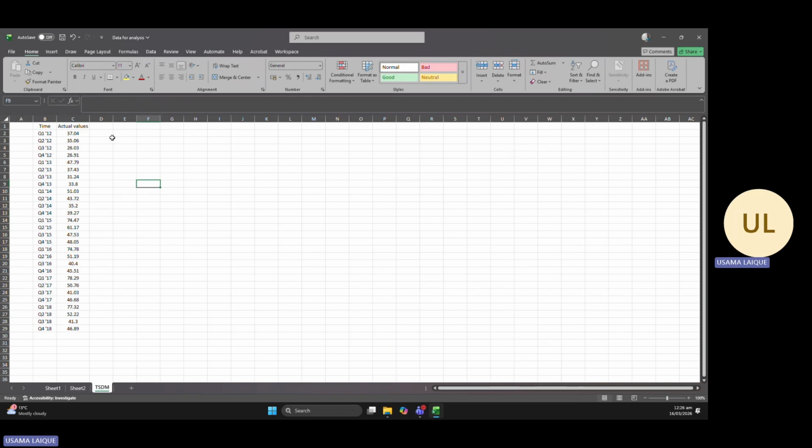Now, the time series decomposition model is basically an algorithm in which there are several steps. In the first step, we are supposed to estimate what we call a baseline value. So what is a baseline in the time series decomposition model?